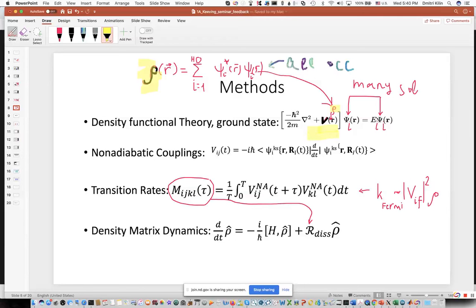Density is a function of the potential. Yes, you are right. V of rho and r. So V is a functional of the density. Yes. All right. Okay, keep going.